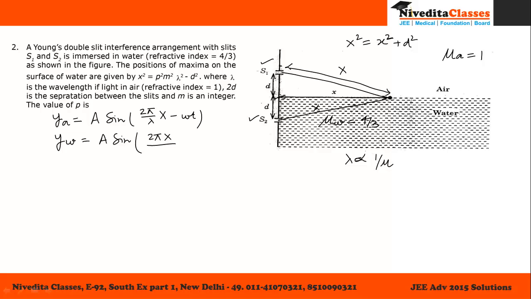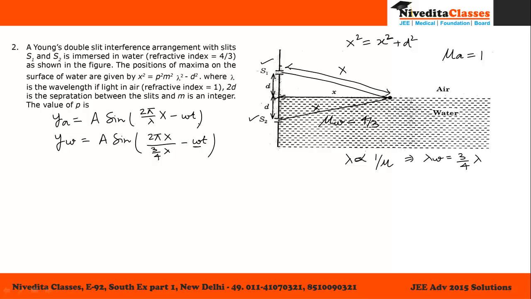So as the refractive index of water is given to us as 4 by 3, from here we can say that lambda in water will be actually 3 by 4 of the lambda in air. Okay, so now putting this as 3 by 4 lambda, minus omega t. As you can note, I have not changed the omega, because we know that the frequency does not depend upon the medium in which the wave is travelling.